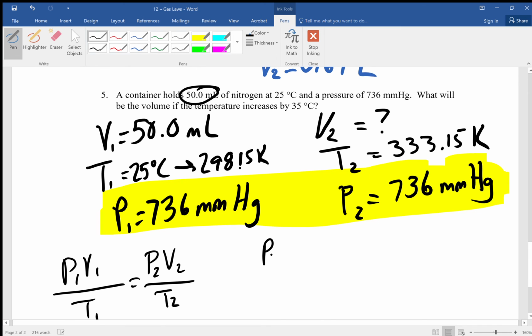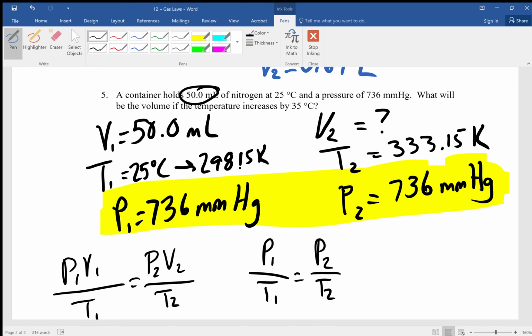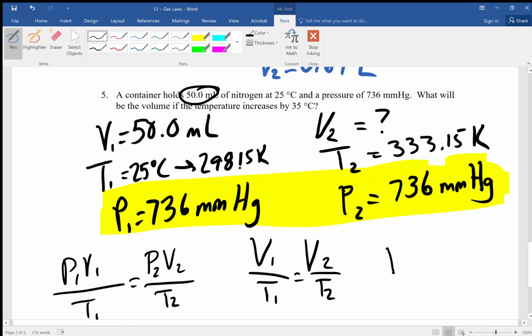And so you're left with V1 over T1 equals V2 over T2, because the pressure is constant. If you plug in your values, we solve for V2. Given that the temperature has gone up, the volume should also go up.